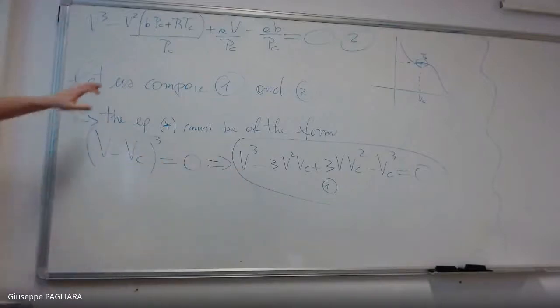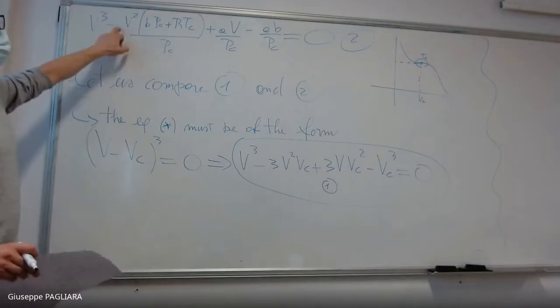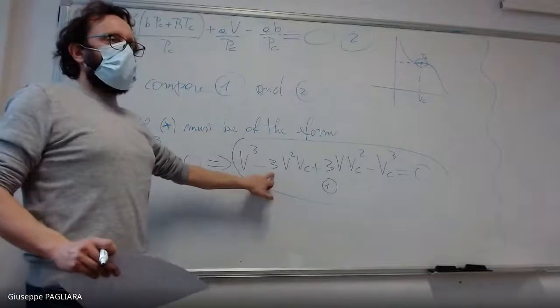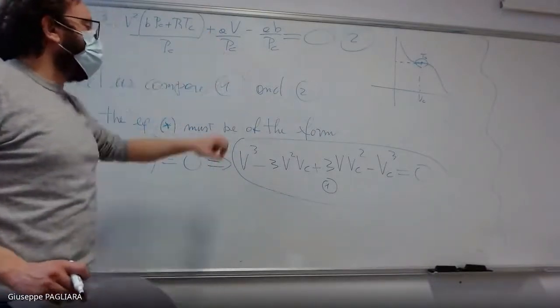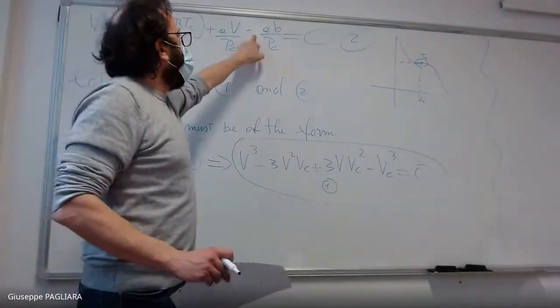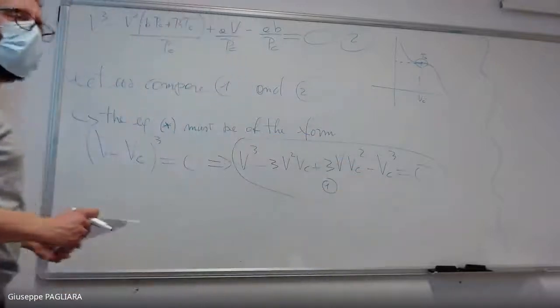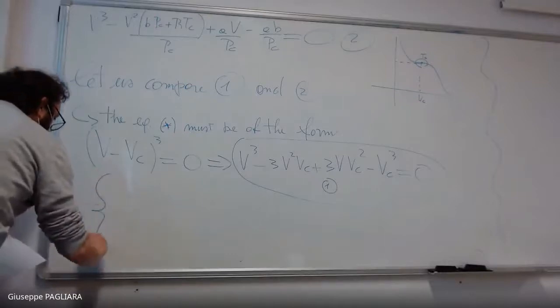We have to impose that the term which multiplies the quadratic term in the volume must be the same as in here. The linear term, which is A divided by PC, must be equal to 3VC squared. And this term here, AB divided by PC, must be VC cubed. Okay, so you get 3 equations, which are the following.